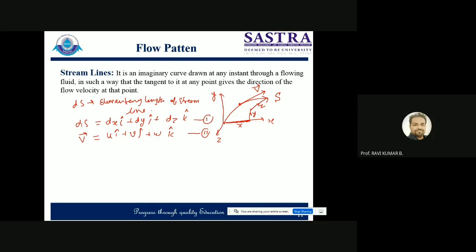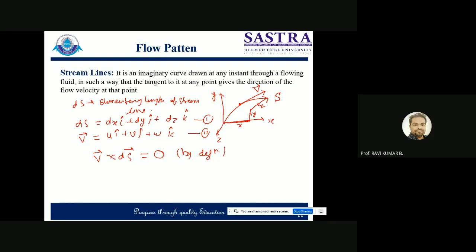That means the resultant velocity should always be tangent to the streamline. So we can say by definition, the streamline velocity vector must be directed along the ds. So that definition is given by, if you take the cross product of these two, this will always be 0. This is the definition of streamline.